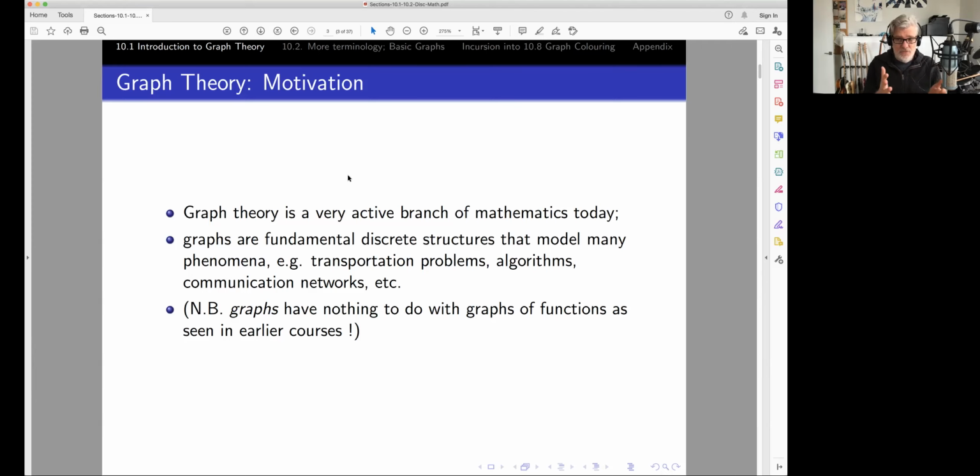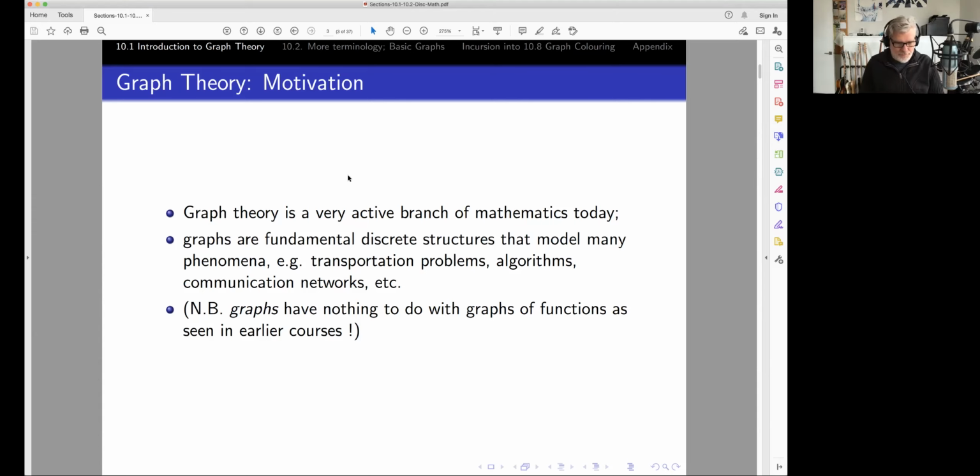This is a very, very active branch of mathematics today. The stuff I'm going to show you is stuff that I use in my research every day. It's very basic, but it's the language of many of the things that I do. These are discrete structures, finite objects, although you can consider infinite graphs.